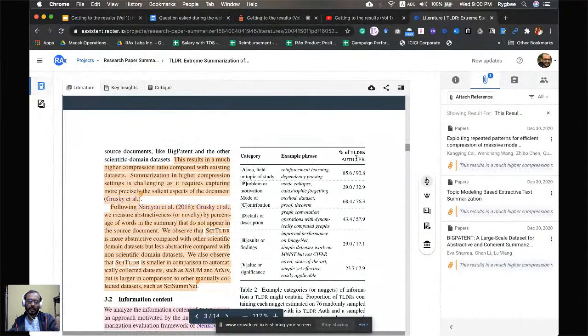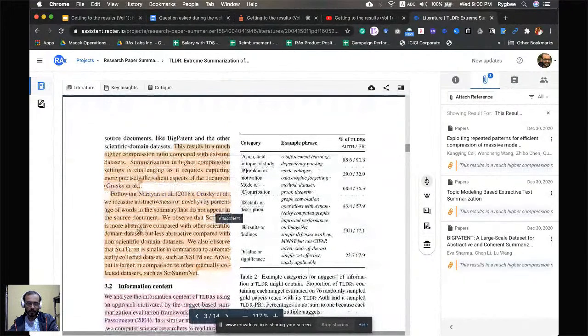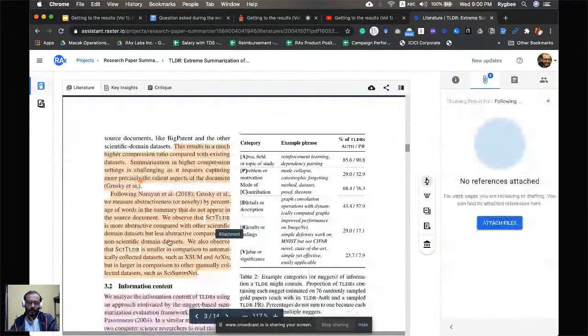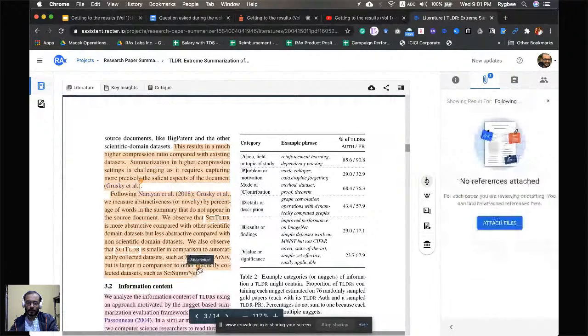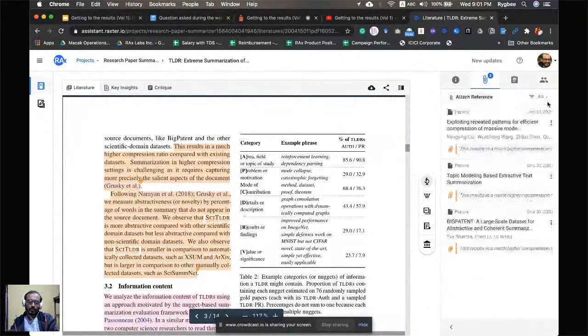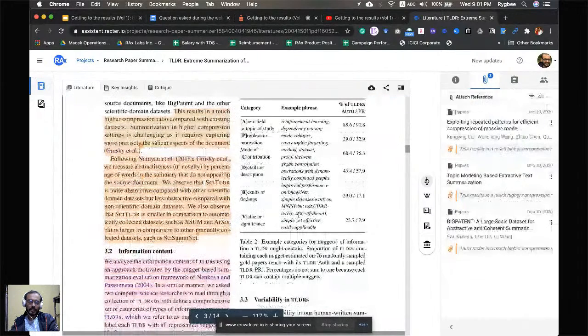So this is a very nice way in which I can quickly figure out what other papers are specific to specific sections. Like for this paragraph, I don't think I have anything. Let's say for this paragraph, no, I don't have anything for this paragraph. So yeah, that is it. There is another thing that you can do.